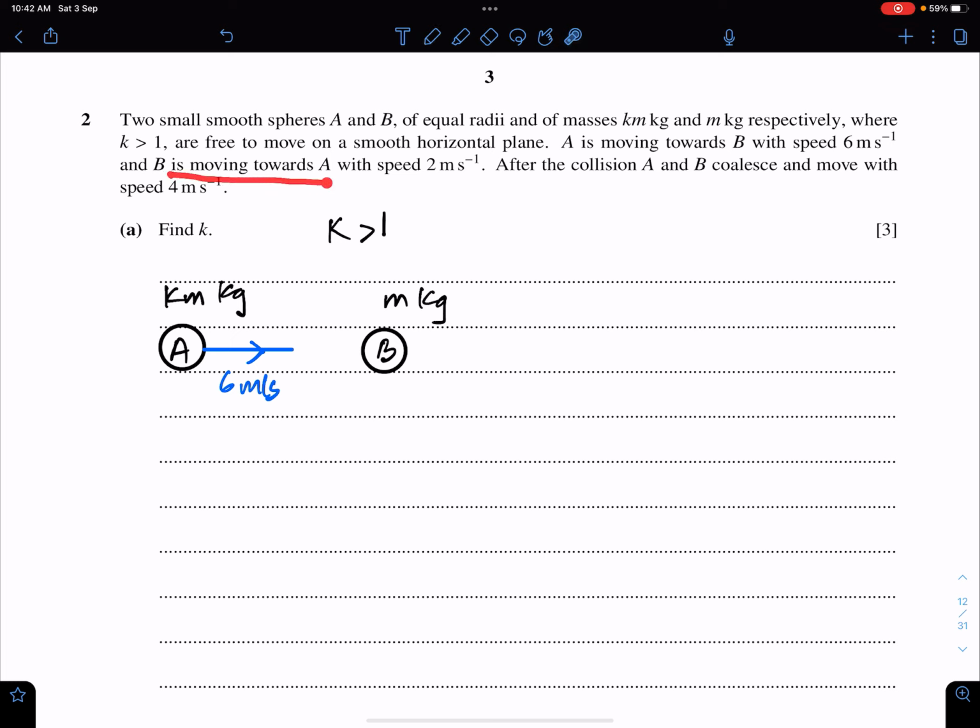And B is moving towards A with speed 2, so the velocity of B is 2. After the collision, A and B coalesce and move with speed 4 meters per second. So this is the situation after the collision.